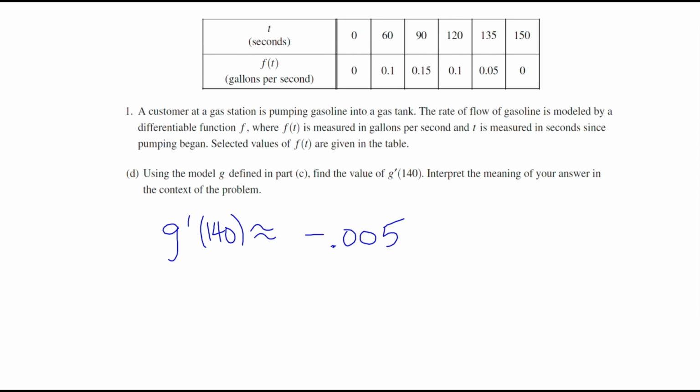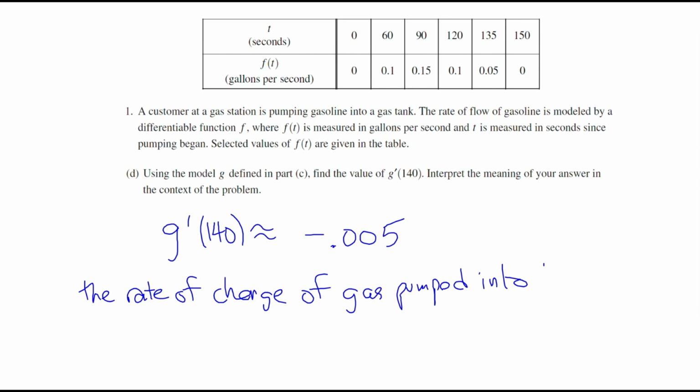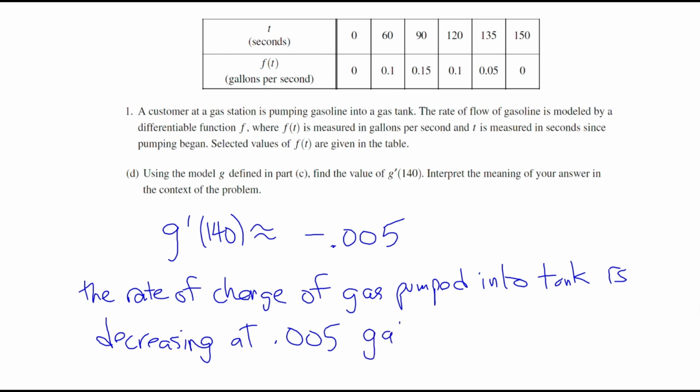So a negative 0.005 is going to tell us that the rate of change of gas pumped into the tank is decreasing, because that's a negative value, at 0.005. And our units here are gallons per second, if we want to throw our units on there. And we'll indicate that this is at t equals 140 seconds.